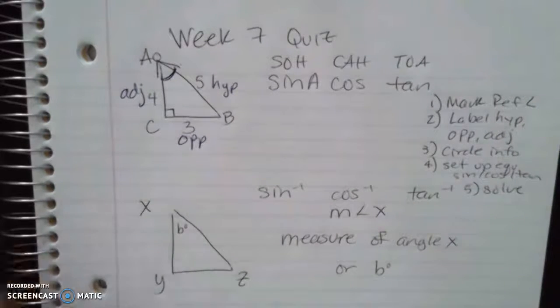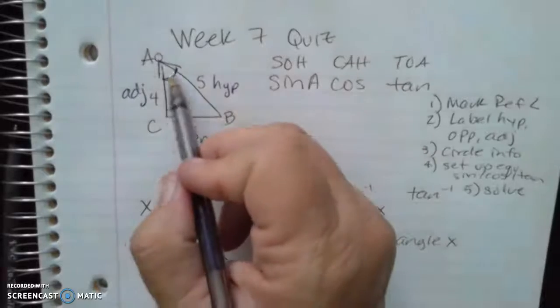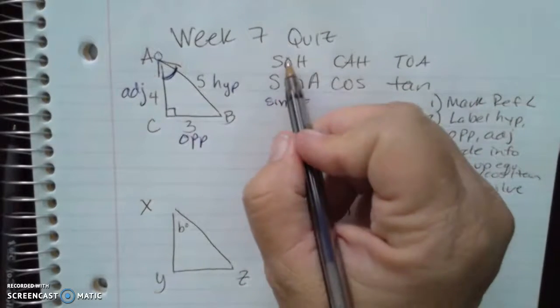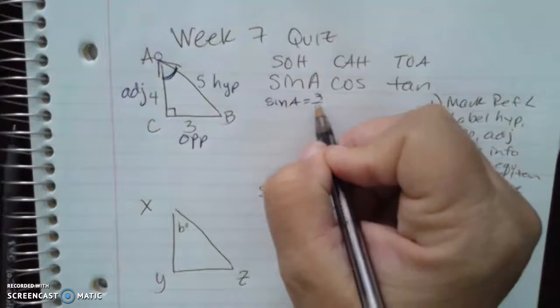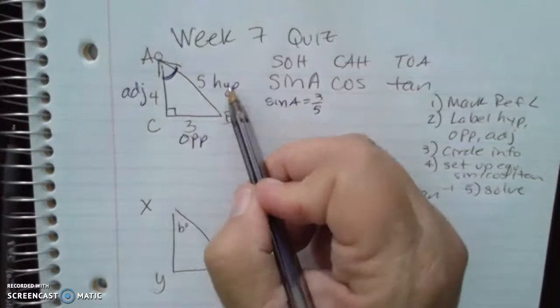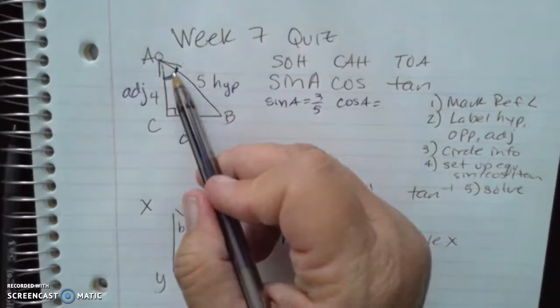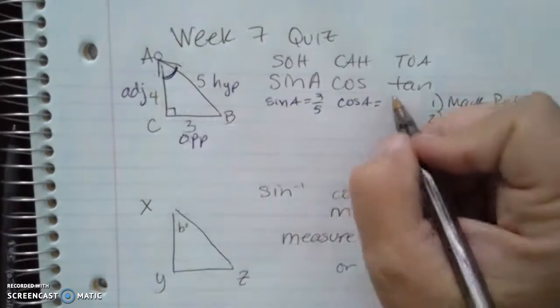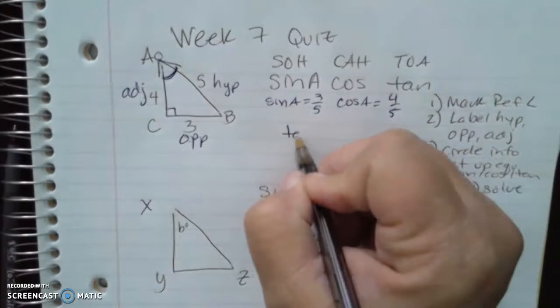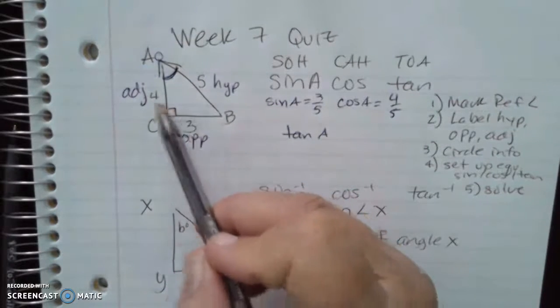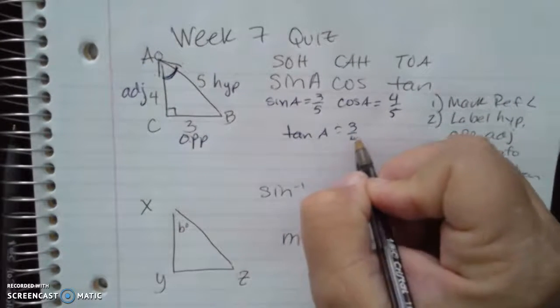Okay, so here sine A, this is my reference angle, so I would say sine A equals opposite 3 over 5, opposite over hypotenuse. Cosine A equals adjacent 4 over 5, and then tangent of A is opposite over adjacent, 3 over 4.